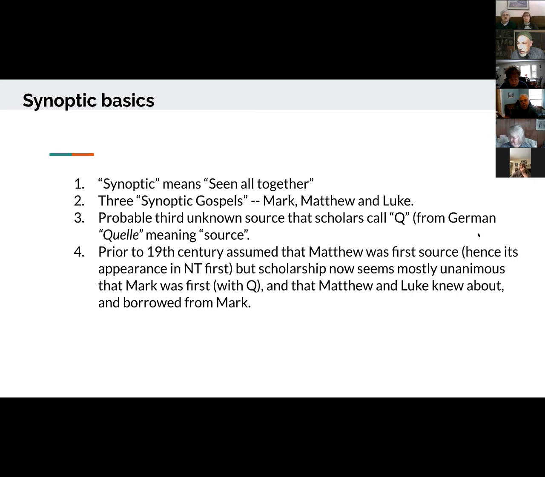They really wanted to hide themselves behind the tradition, so our attempt to find authorship is often frustrated by that cultural imperative to hide authorship behind the tradition. Again, these are just super basic things about the Gospel of Mark. Mark and Q were likely to be the first of the synoptic Gospels.